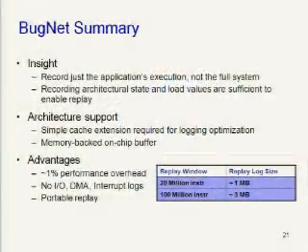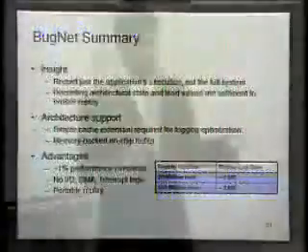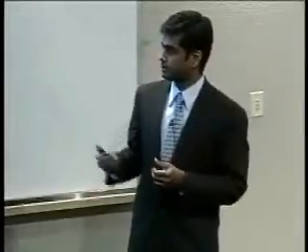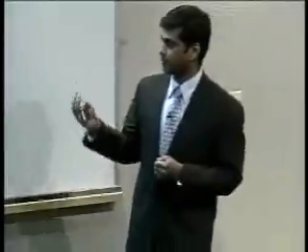So in summary, to record a program's execution, you just need to record the architecture register state and the values of the load instructions. This requires a simple extension to the cache and a memory-backed on-chip buffer. The performance overhead is tolerable, and you don't have to worry about the different system events in the processor. The log size you would require is about 3 megabytes for 100 million instructions.